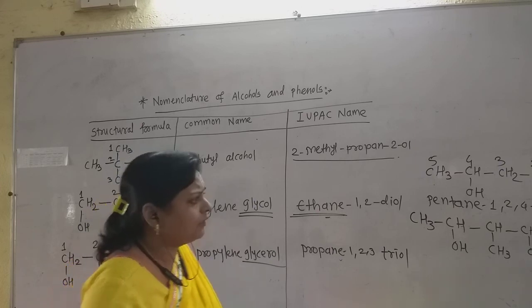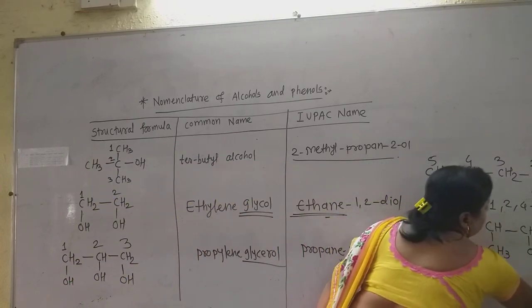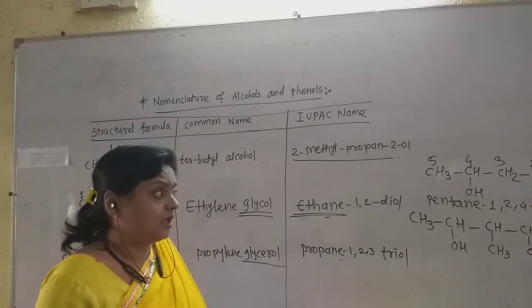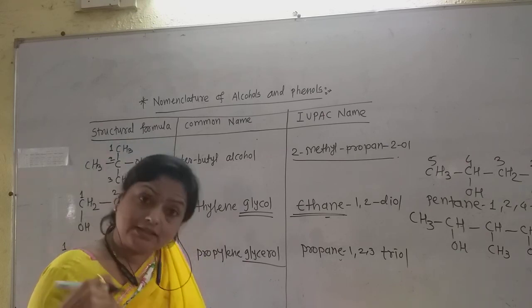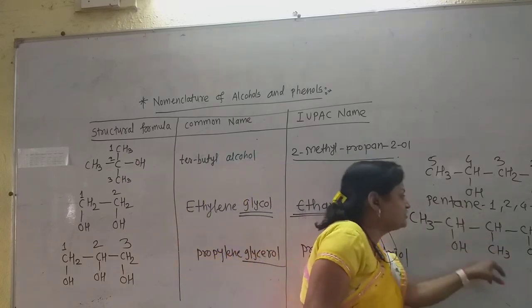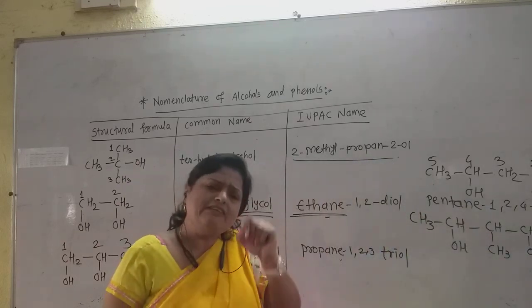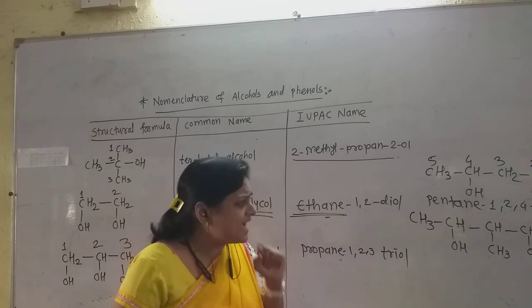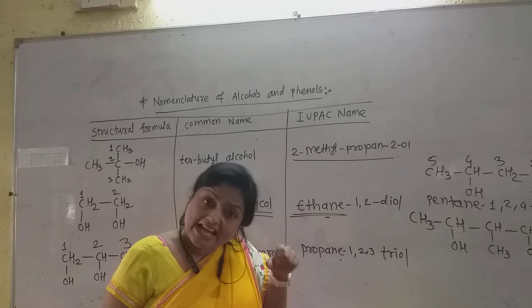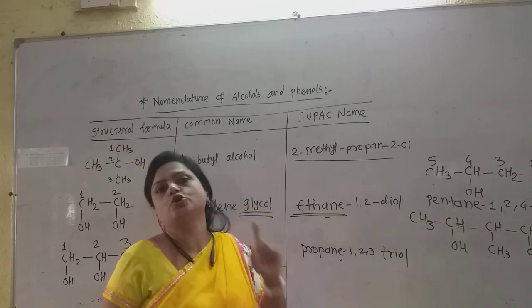Now see here, on both sides the OH group is similarly on the second carbon atom. But on the third carbon atom from the left hand side, there is the substituent methyl group. So always give the numbering from that side which has the OH groups nearest as well as the substituents nearest.